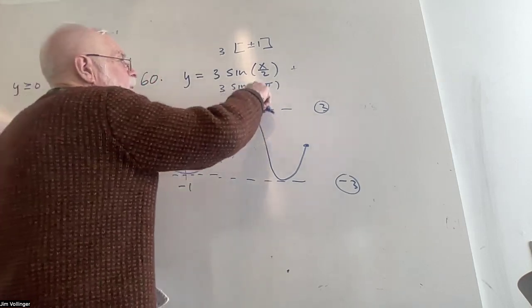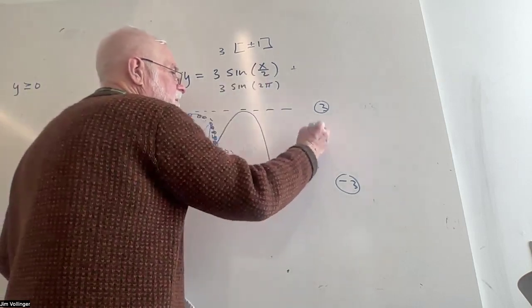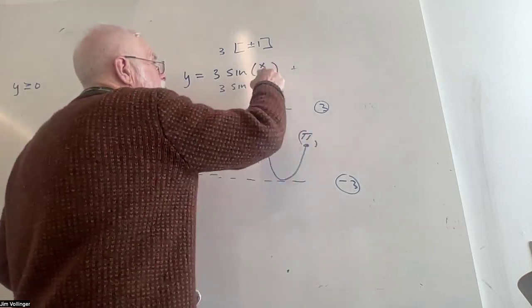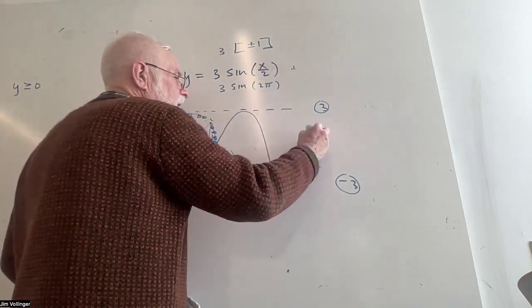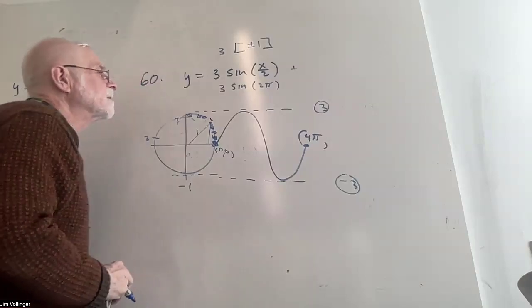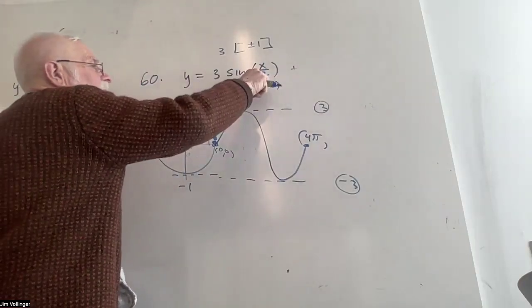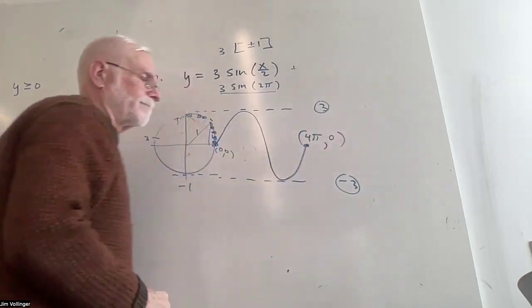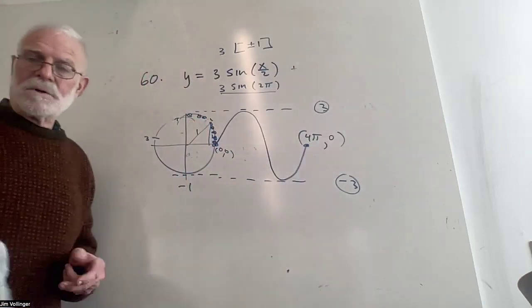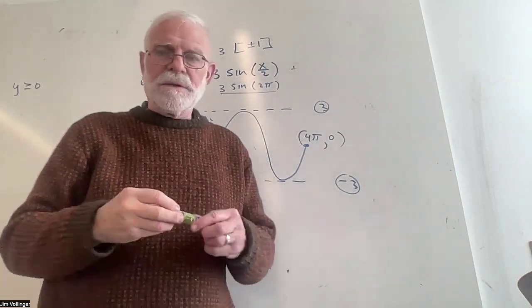So what makes 2 pi? Looks like pi does. Oh, sorry, 4 pi. Yeah, end of the video, time to make mistakes. 4 pi divided by 2 gives me the first period, and that brings me back to 0. So we're slowly building up difficulty.